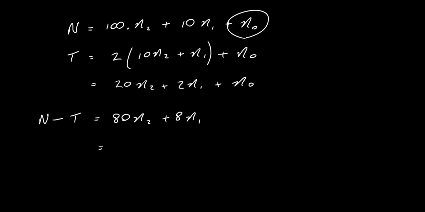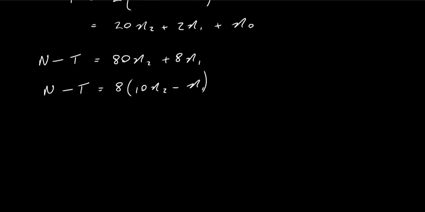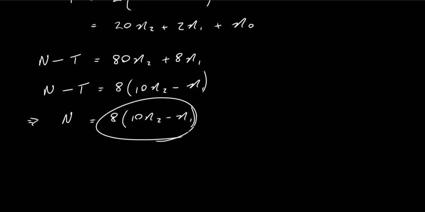So that's equal to, you can probably see where we're going here, we can factorize out the 8, so we get 8 times 10n2 plus n1. So this is our n minus our test number. So again, what we can do here is just take the original number, bring the test number over to the other side, so that'll give us 8 times 10n2 plus n1, which is obviously divisible by 8.